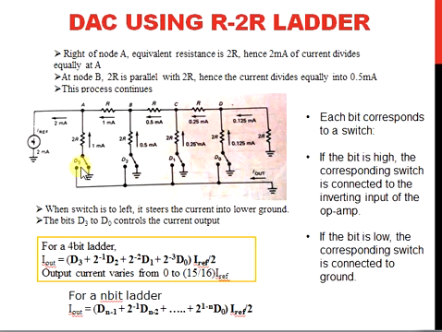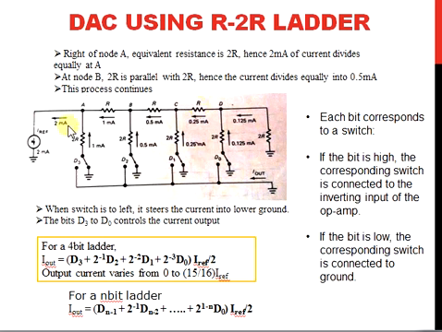Here we are seeing a 4-bit digital to analog converter. So the most significant bit is D3. This 1 milliampere is connected through this terminal, and this will be equally divided between this terminal and this terminal, so this will be 0.5 milliampere and this will be 0.5 milliampere, and this current will be equally divided between this terminal and this terminal, because the resistor value here is 2R, here it will also be 2R, and so on.